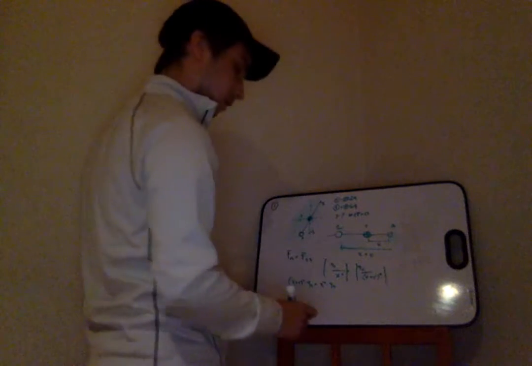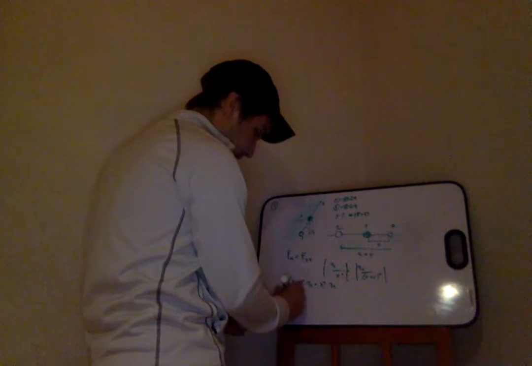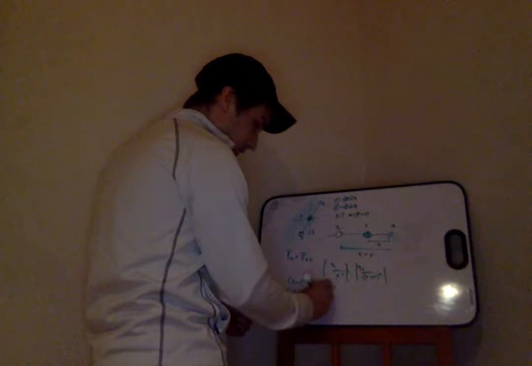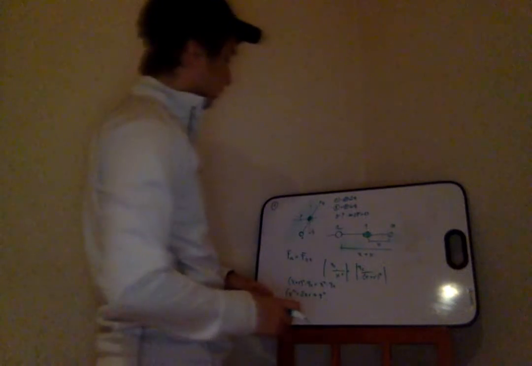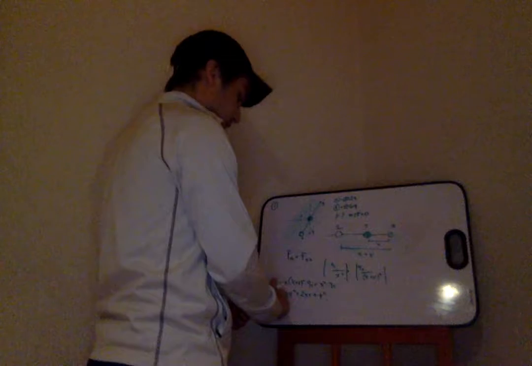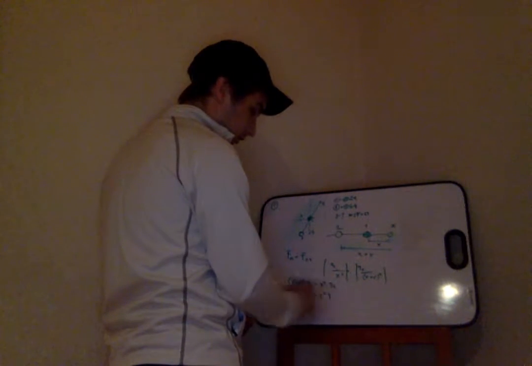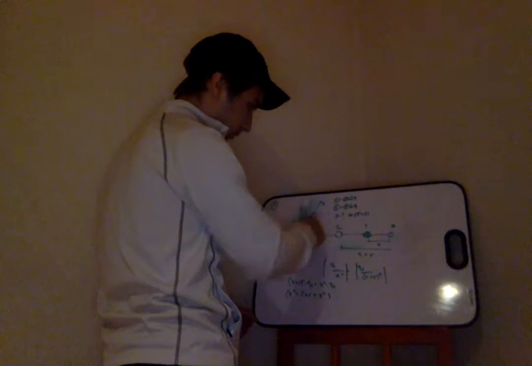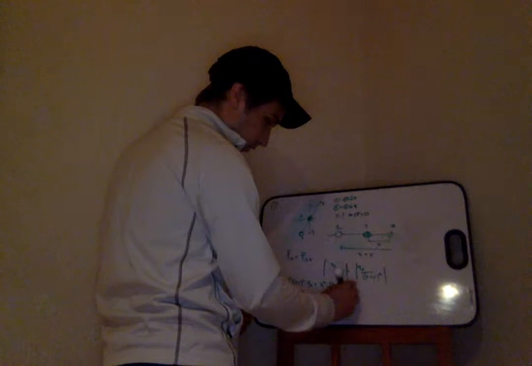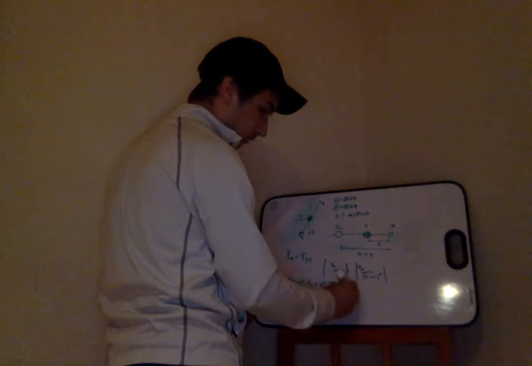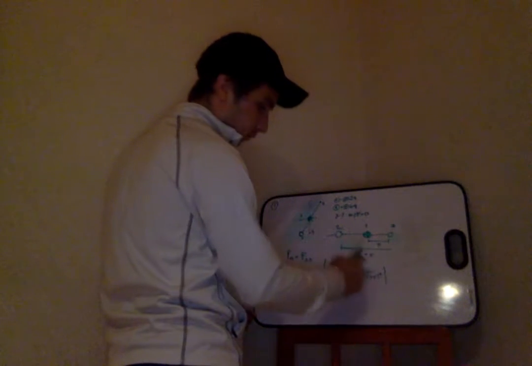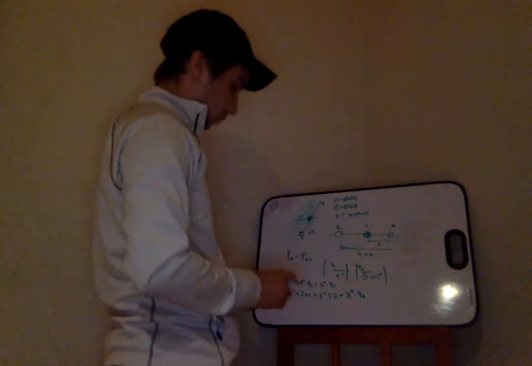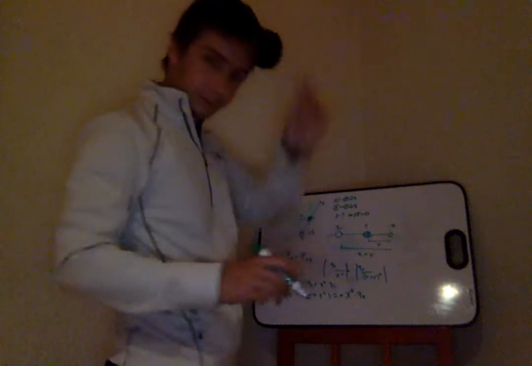We know that this can be expanded as x squared plus 2xr plus r squared, multiplied by the absolute value of q1, which is 2, equal to x squared multiplying the absolute value of q2, which is 6.